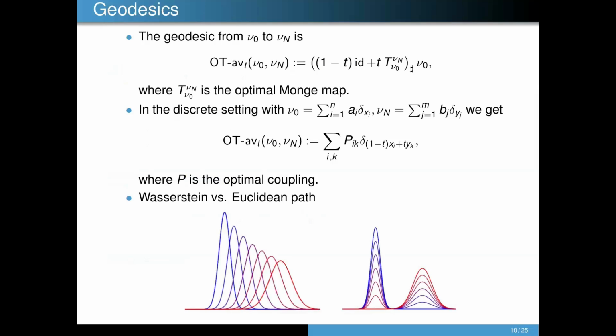So what is a geodesic between two measures? If you look at the bottom plot, let's look at the left picture first. You have this blue Gaussian on the very left, and then you have a red Gaussian on the right. And we want to move the blue into the red in a reasonable way.